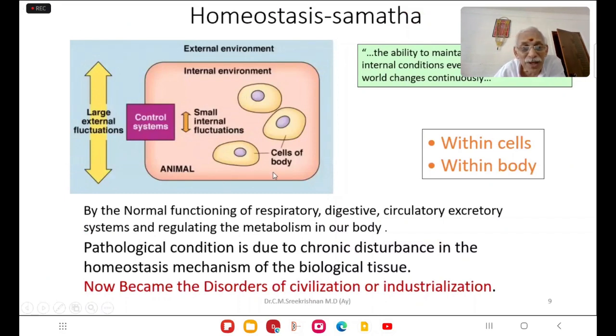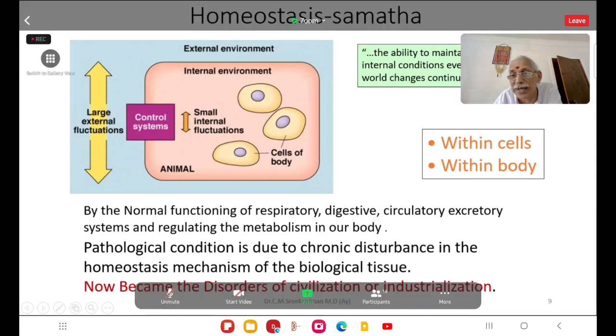Actually, the cell will be viable when the interstitial fluid is pure and normal. There will be some small internal fluctuation, and the external environment also has an influence. When the interstitial fluid cannot be maintained, this is not good.